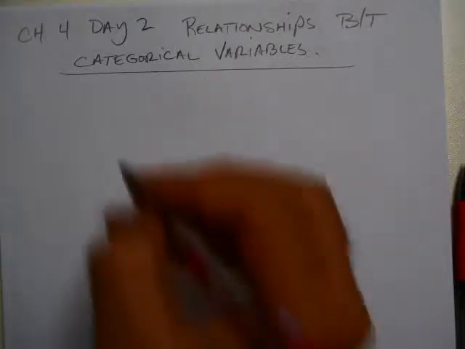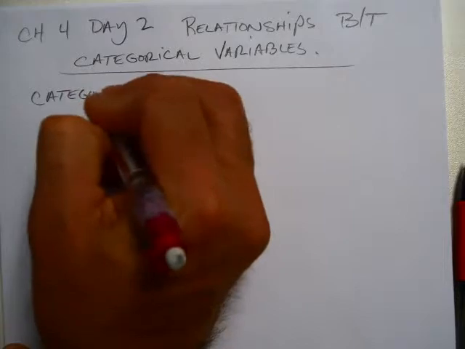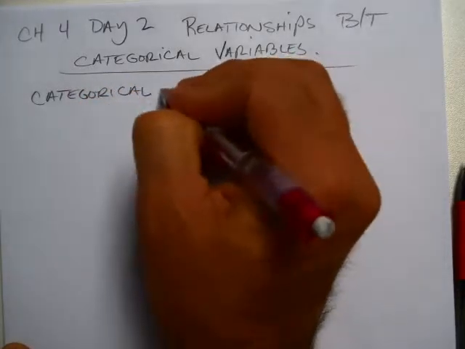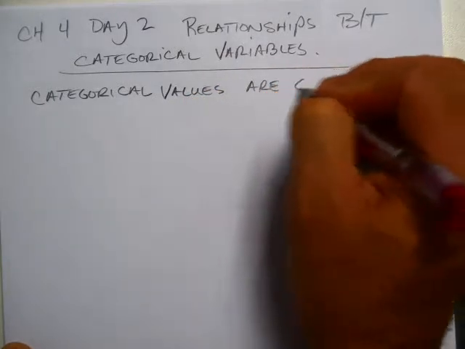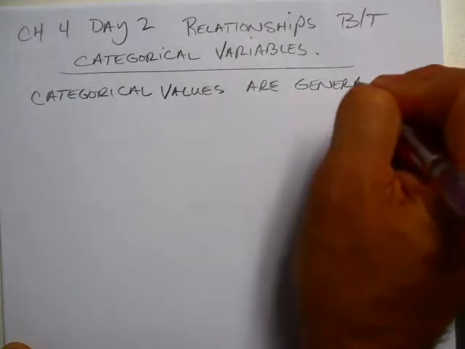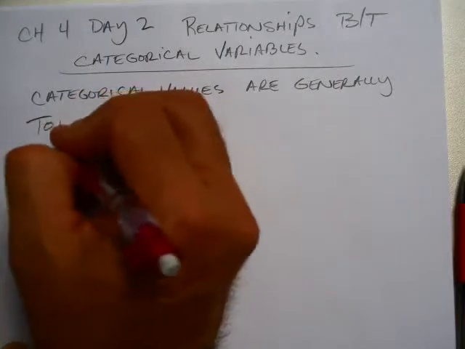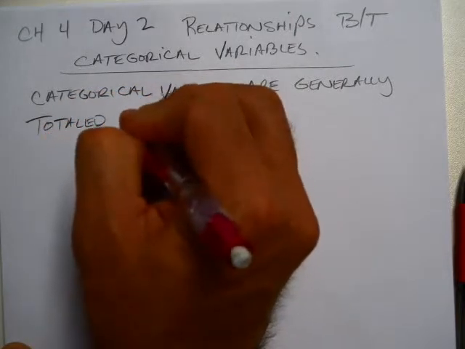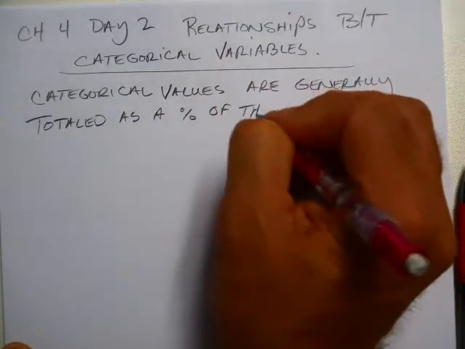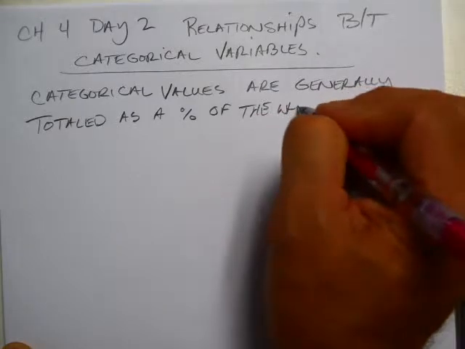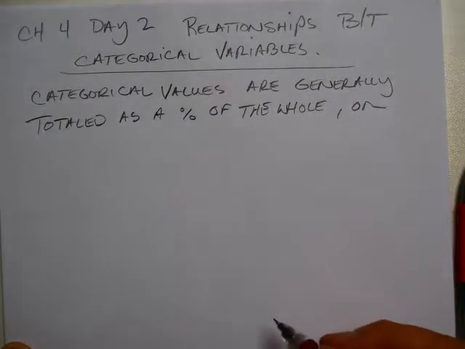So categorical values are generally totaled as a percent of the whole or percent of the group, of a group.